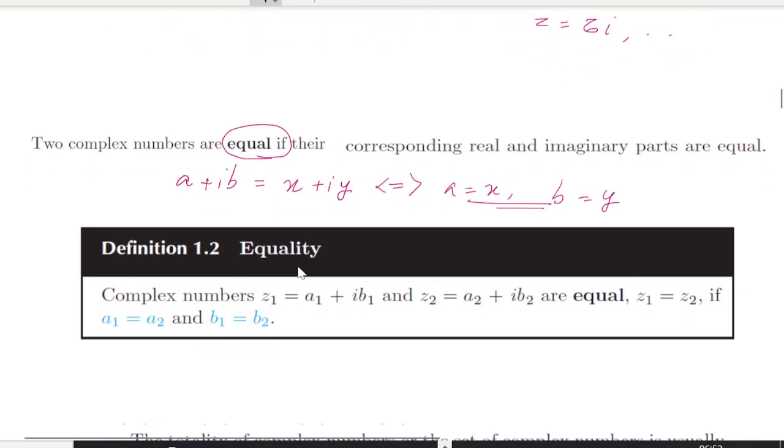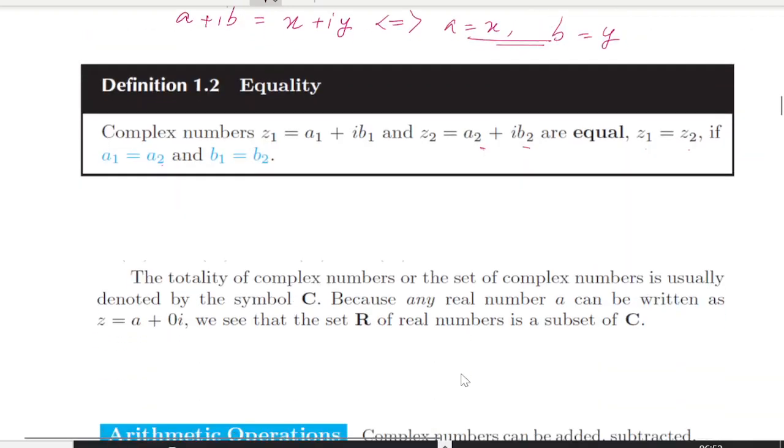Definition: equality. Complex numbers z1 equal to a1 plus ib1 and z2 equal to a2 plus ib2 are equal, z1 equal to z2, if a1 equal to a2 and b1 equal to b2. That is, the corresponding real parts are equal and the corresponding imaginary parts are equal.